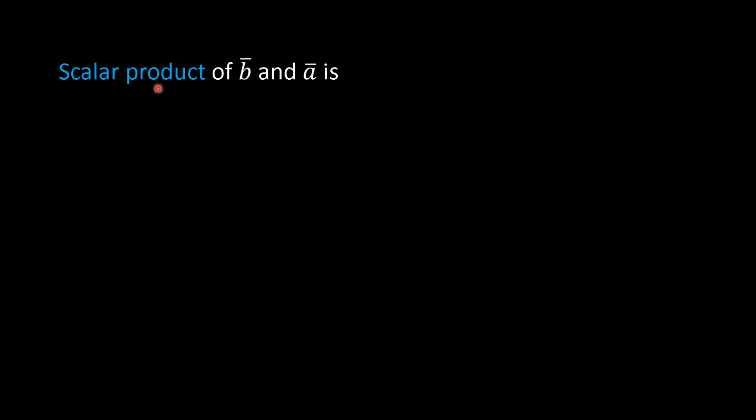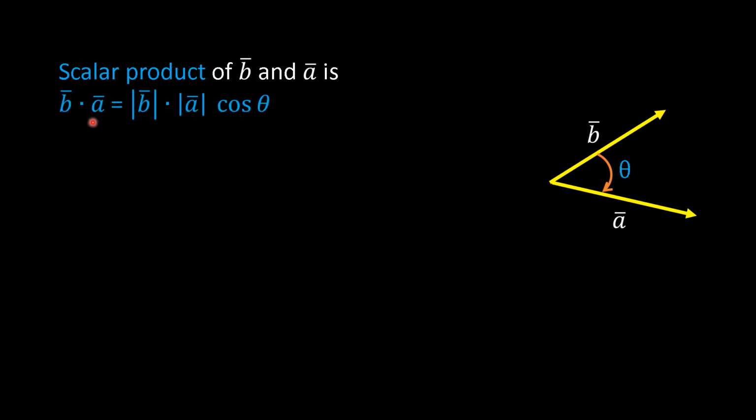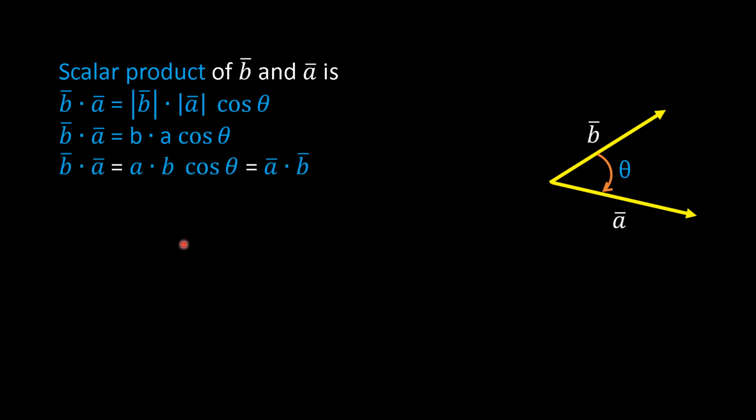Similarly, scalar product of b bar and a bar, where theta is the angle between them: b bar dot a bar equals mod b bar multiplied by mod a bar cos theta, or simply ba cos theta, which is nothing but ab cos theta, which is a bar dot b bar.